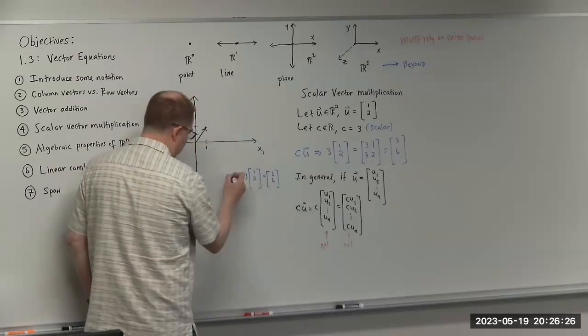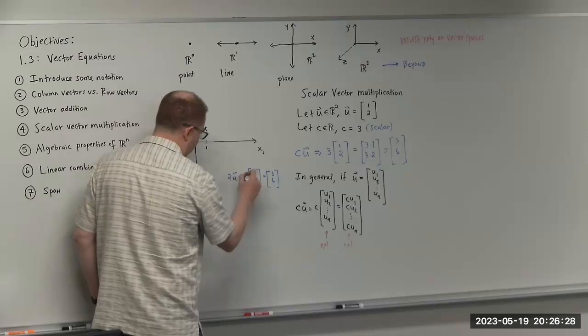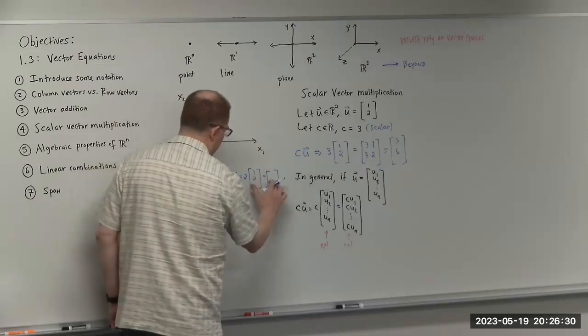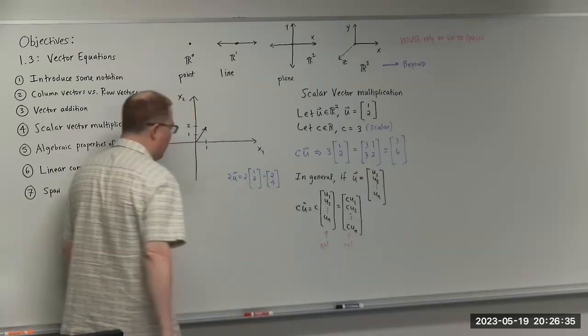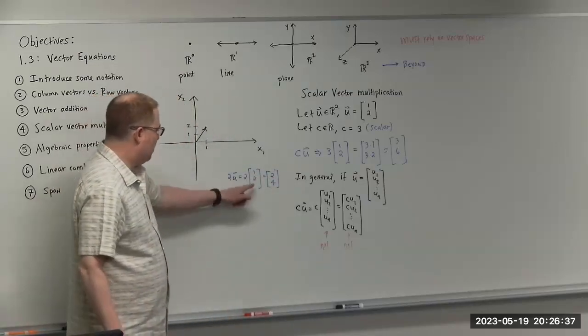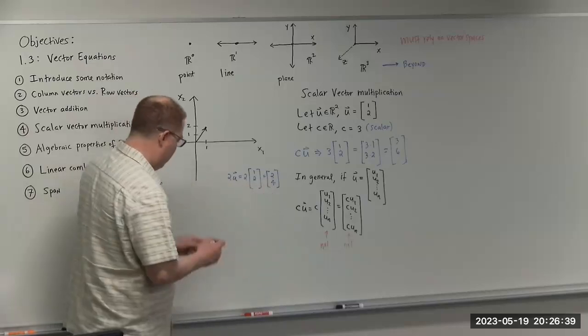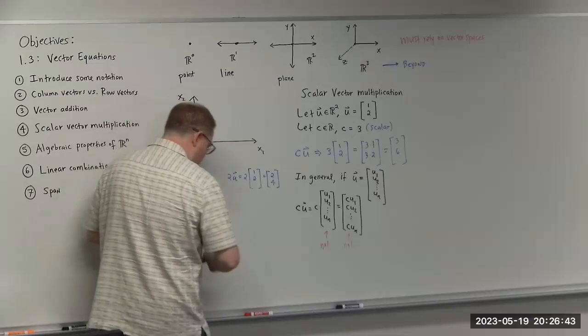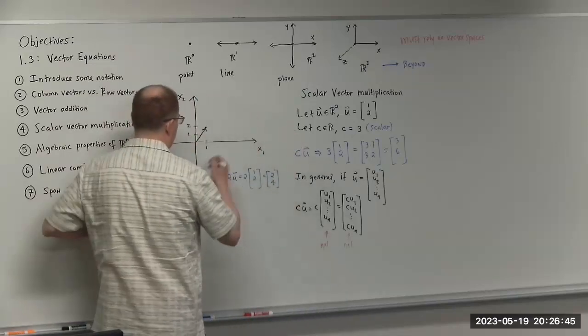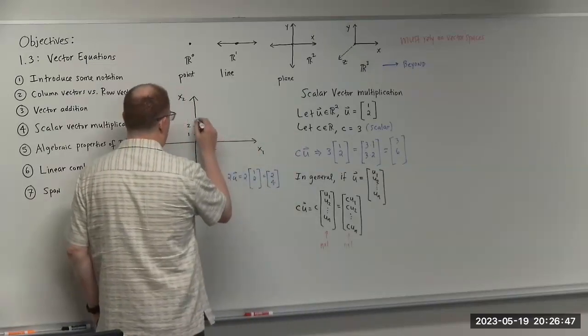So let's take a look at 2 times the u vector, since we already have that result. So 2 times u is going to be 2 and then 4. So 2 times the vector u gives us this. So let's plot that. We have 2, and then we have 4 here.